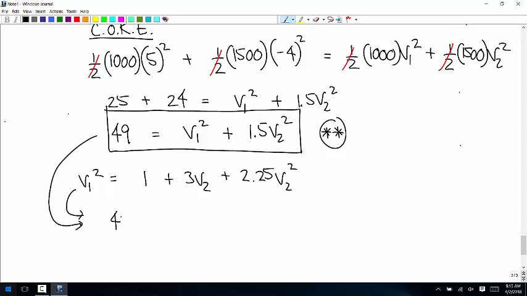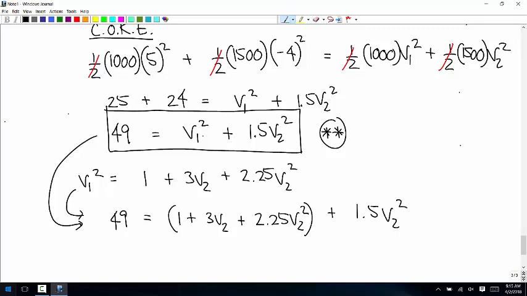And so you get 49 is equal to the quantity 1 plus 3V2 plus 2.25 V2 squared plus 1.5 V2 squared.